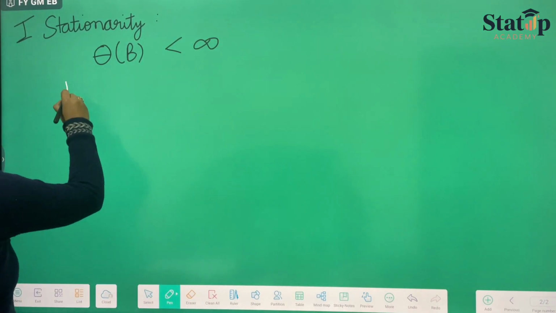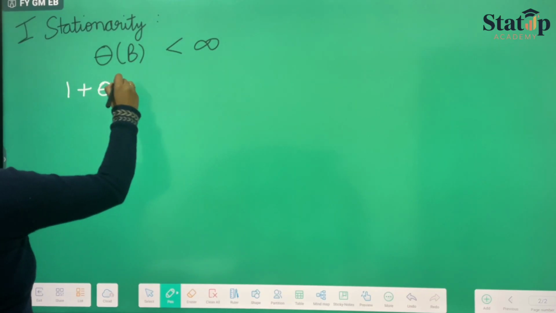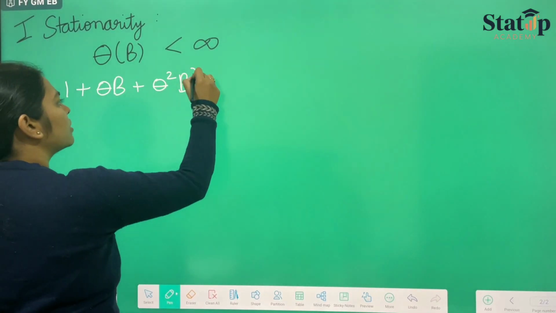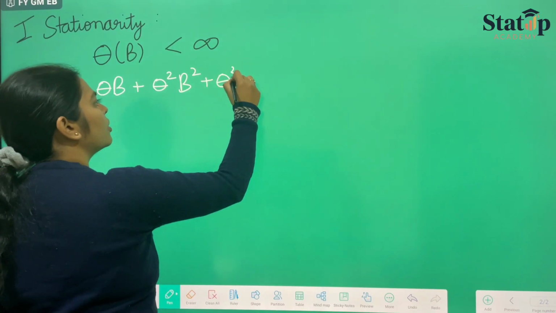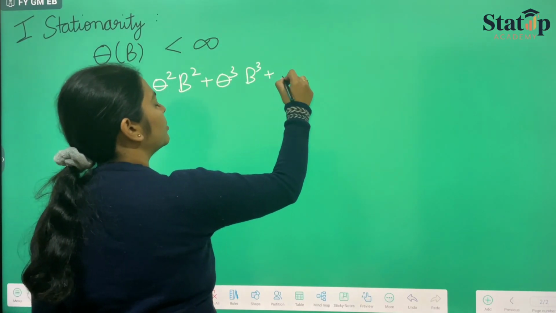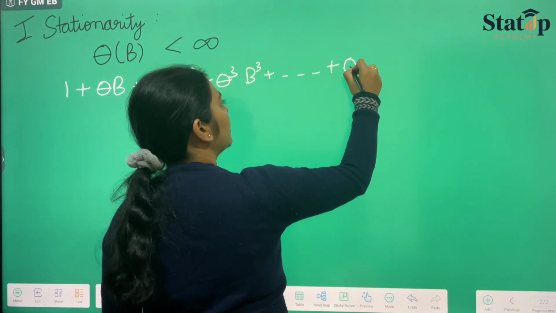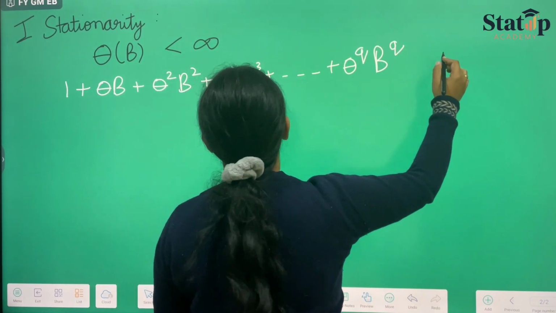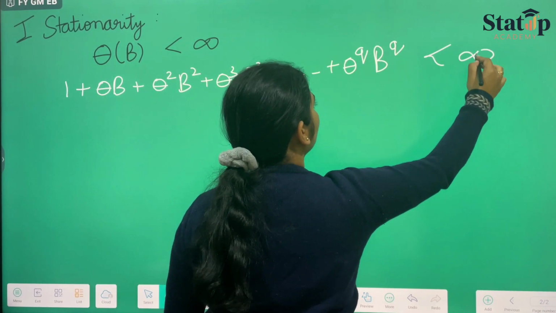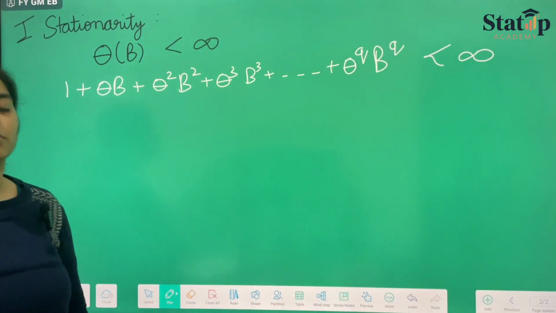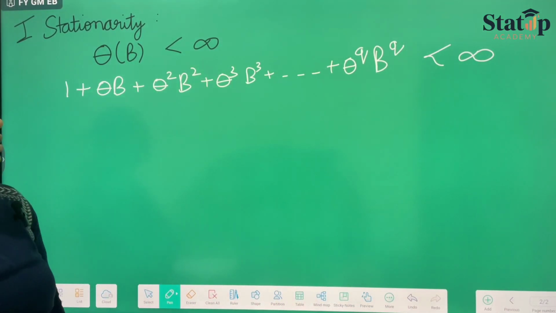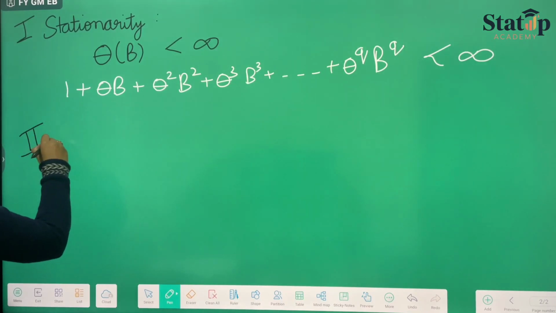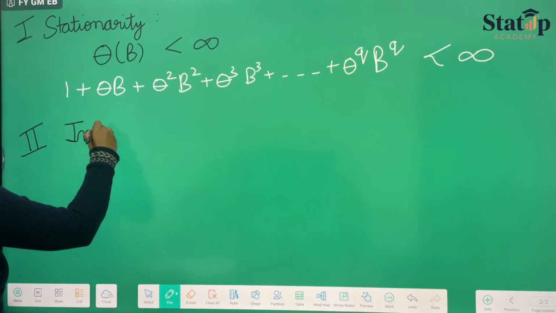What is theta(B)? 1 + theta B + theta square B square + theta cube B cube, up to theta^q B^q. If this is less than infinity, then this model is termed as stationary. And the second one is invertibility.